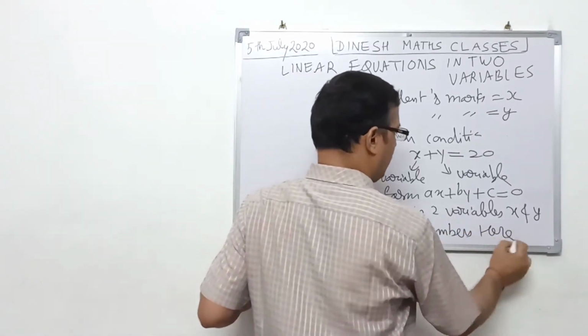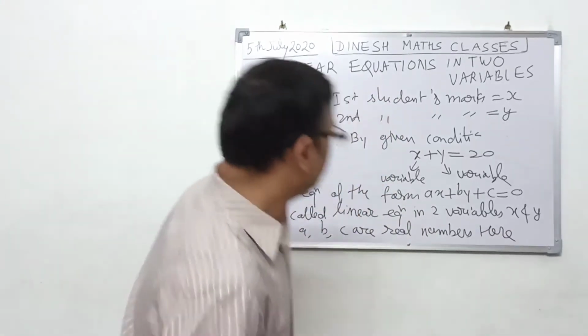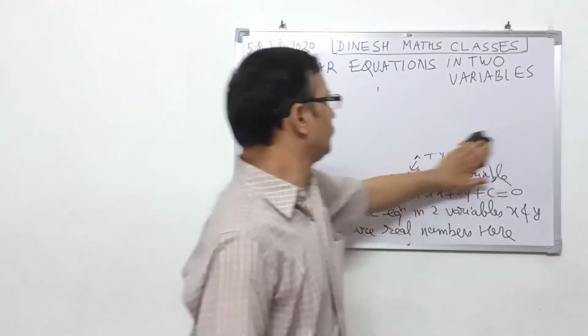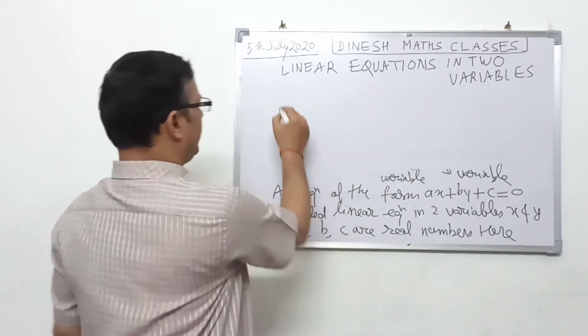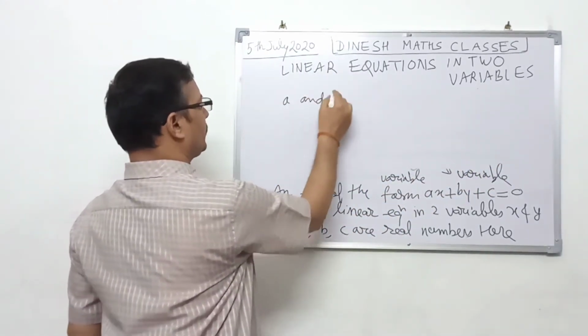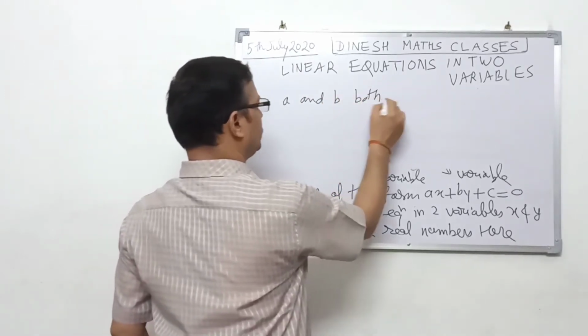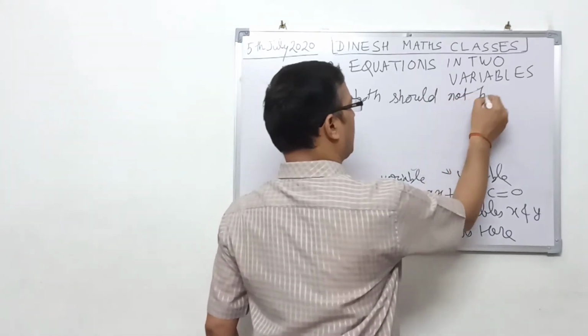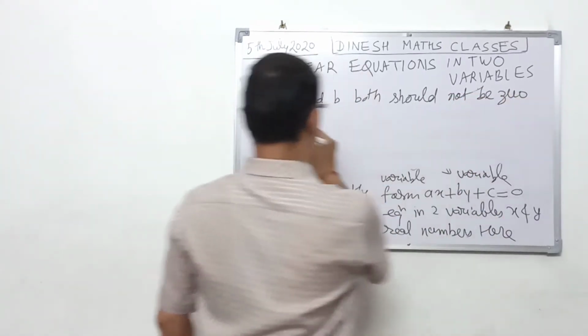Here a and b both should not be zero at the same time.